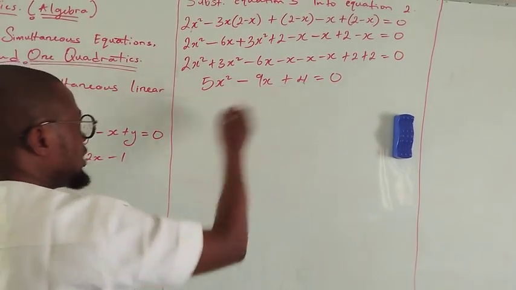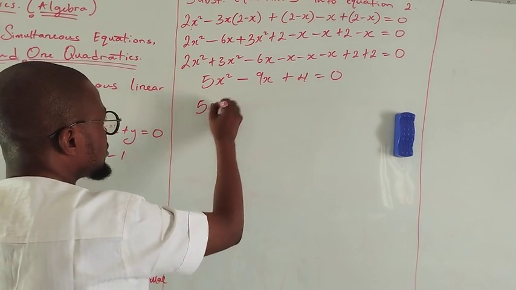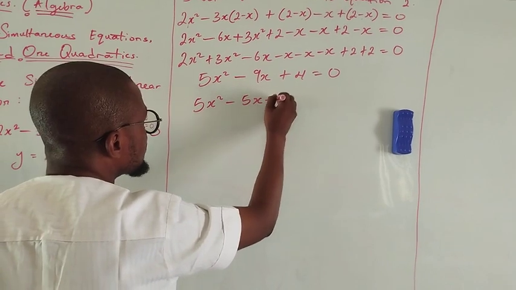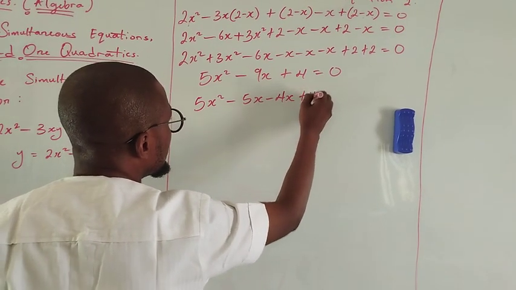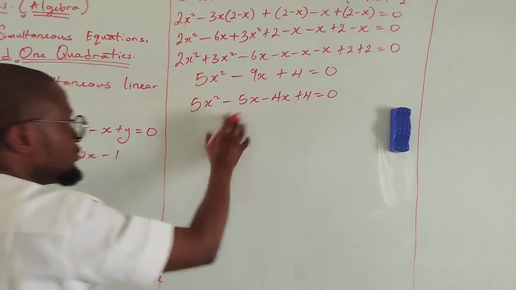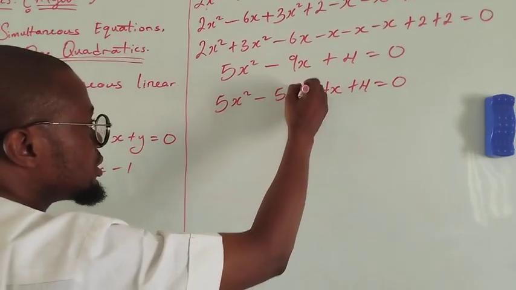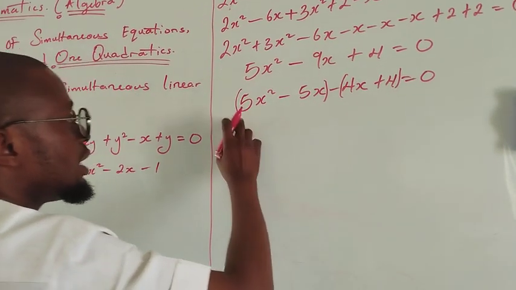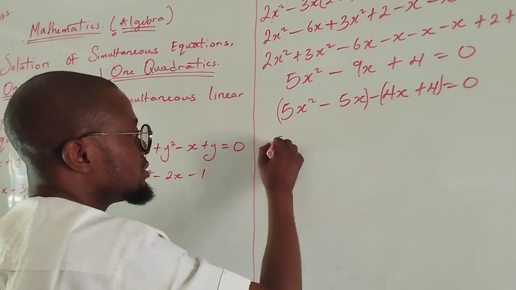So the factors to use here are, therefore, 5x squared minus 5x minus 4x plus 4 equals 0. So if you group it in 2, I'll group this way, and this way. In that way, what is common here is 5x.